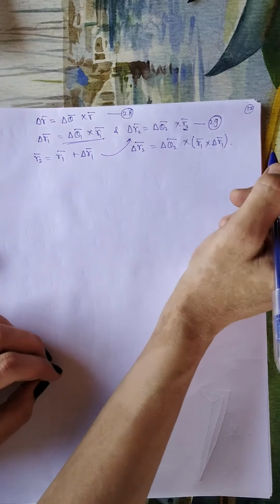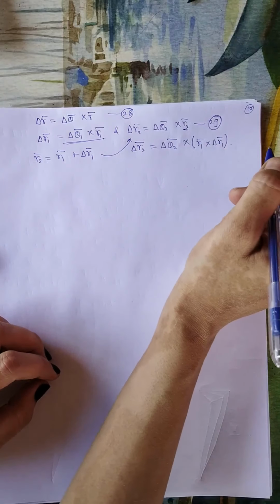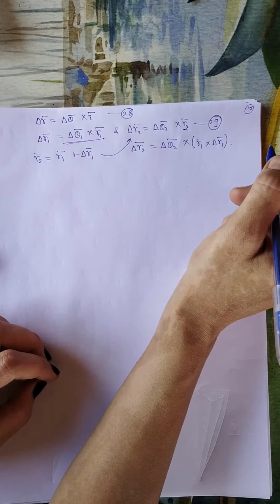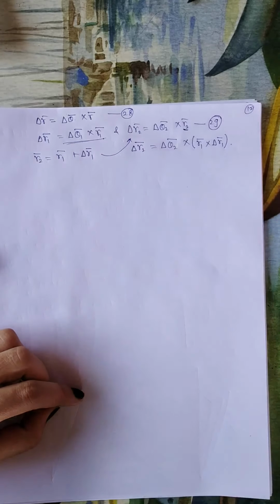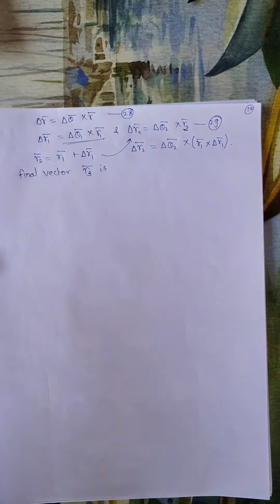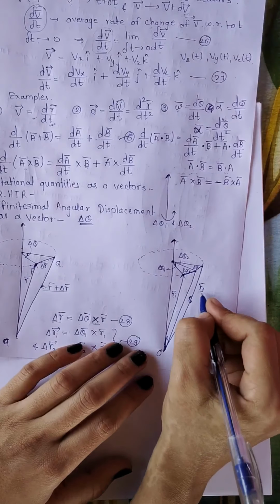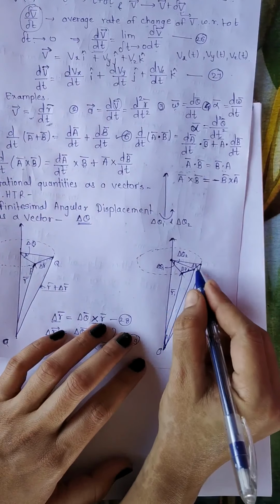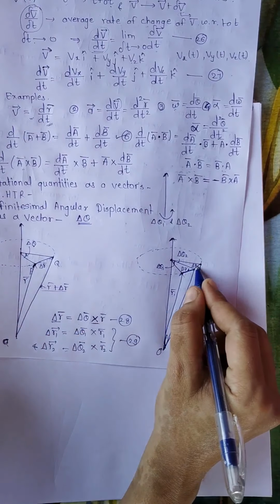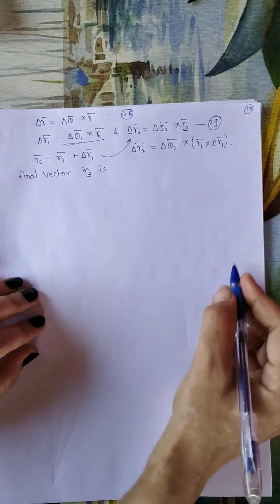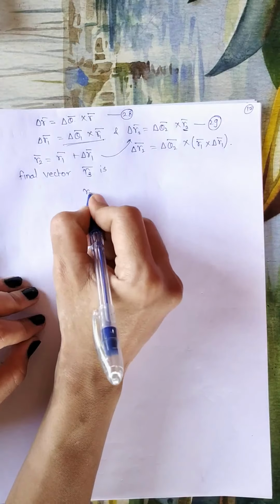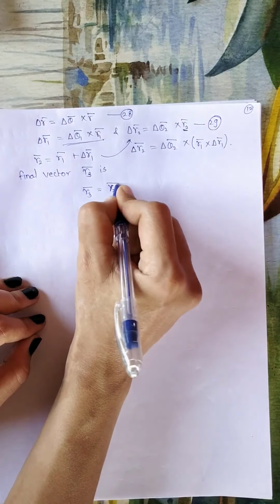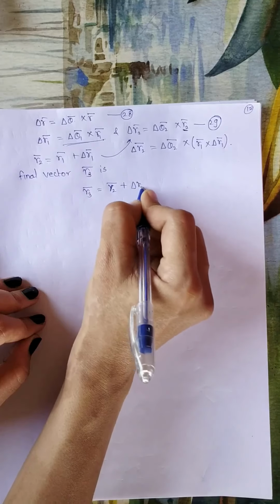Now the final vector r3 after two successive displacements delta theta 1 and delta theta 2 is, according to the diagram, the addition of r2 bar and delta r2. So from the diagram, r3 is represented as r2 bar plus delta r2 bar.